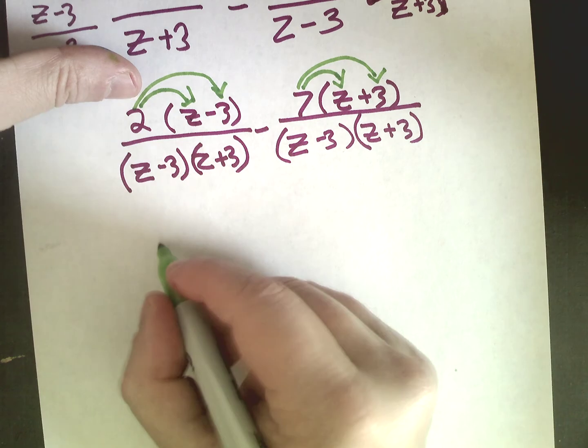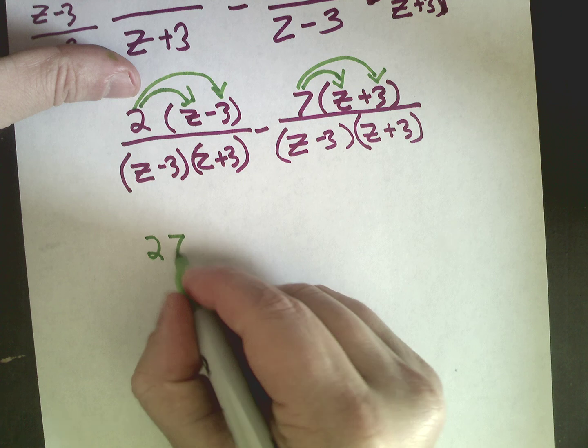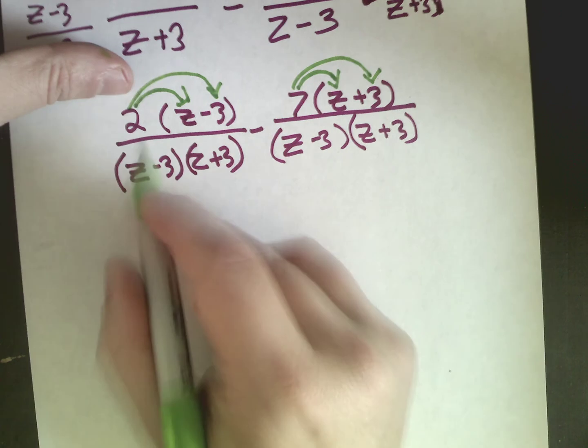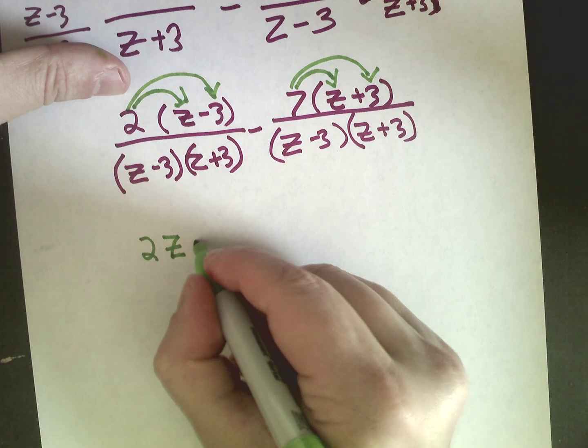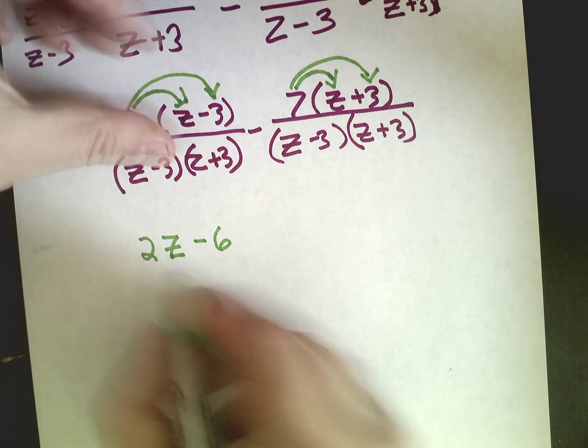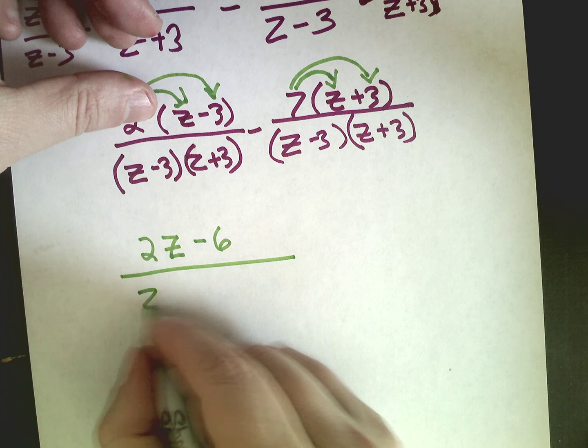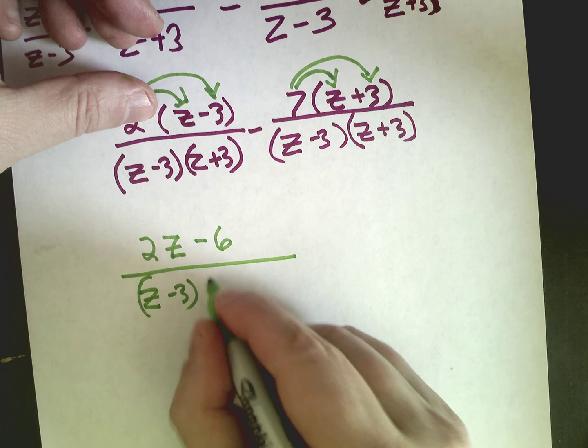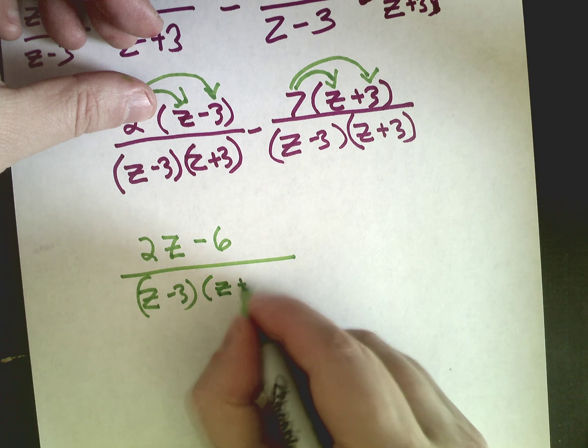2 times z is 2z. 2 times negative 3 is negative 6, all over z minus 3, z plus 3.